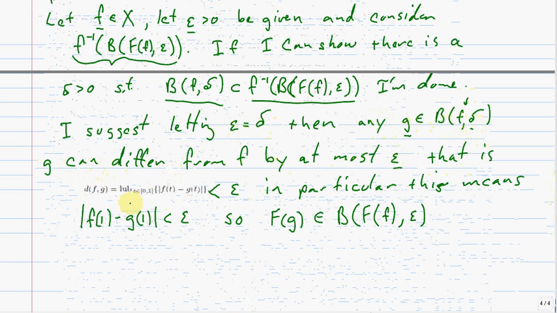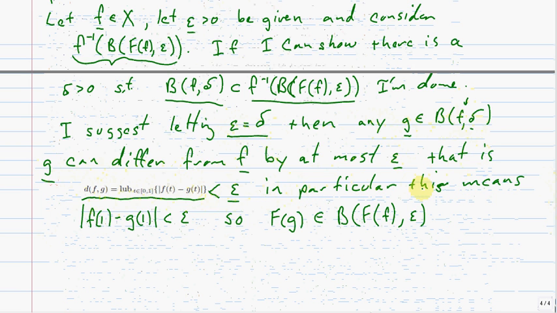That is, this is the definition of our metric in the space of bounded real-valued functions on [0, 1]. And since f and g in this case are supposed to be in the same open ball, they're within epsilon of each other, now that I've said epsilon is equal to delta.